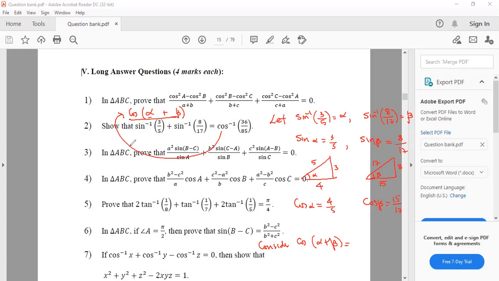आपका क्या काम है? cos alpha plus beta का वैल्यू निकालना. So cos alpha cos beta minus sin alpha sin beta. अभी आप वैल्यू सब्स्टिट्यूट करो. cos alpha 4/5 और cos beta कितना आना चाहिए? cos beta 15/17, minus sin alpha 3/5, sin beta 8/17. एक कैलकुलेशन कितना होना चाहिए? 36/85.